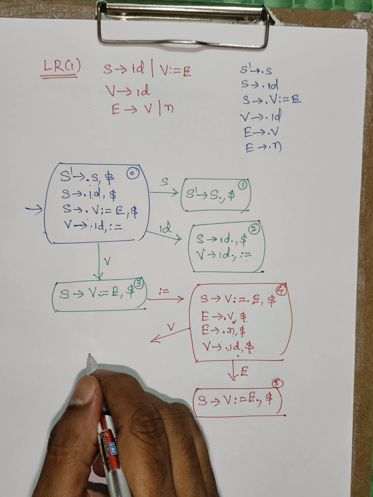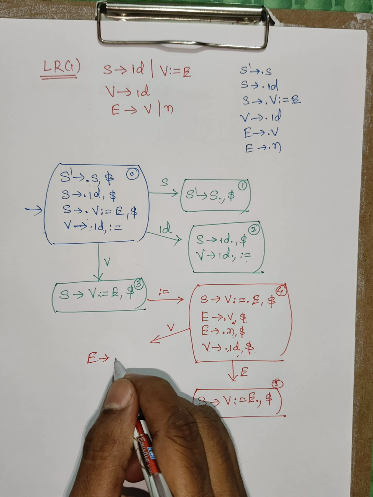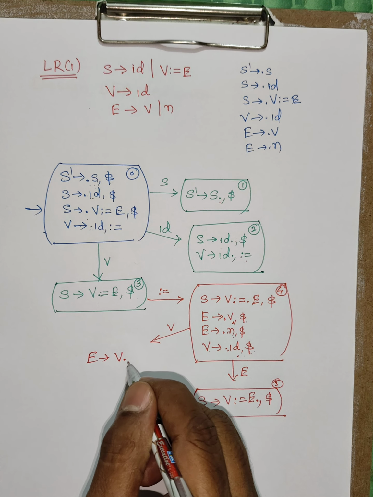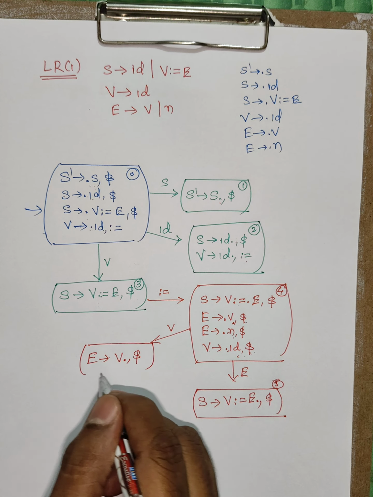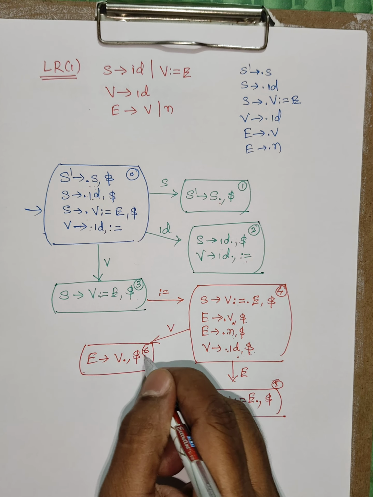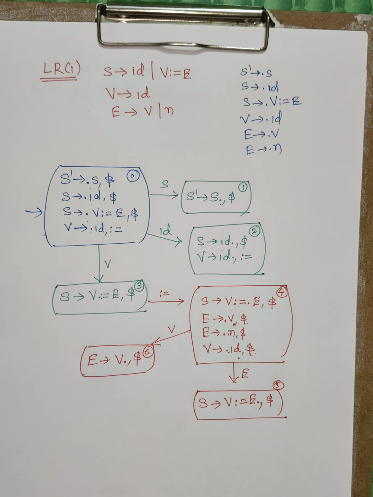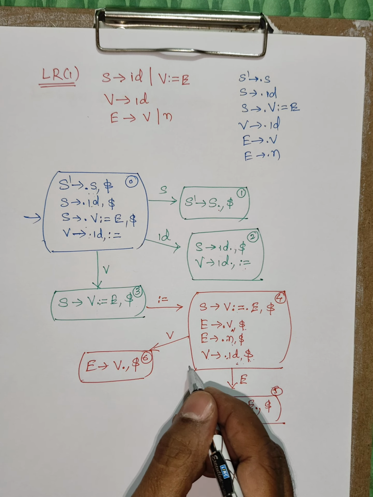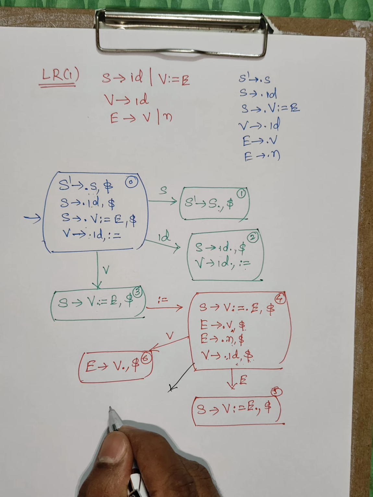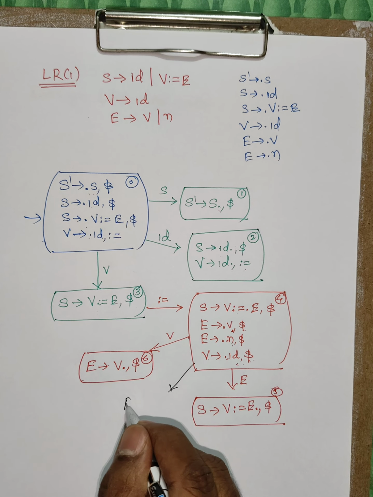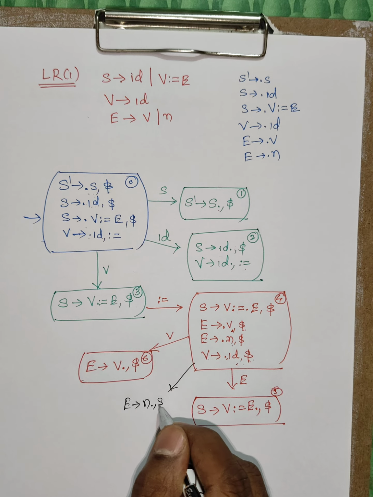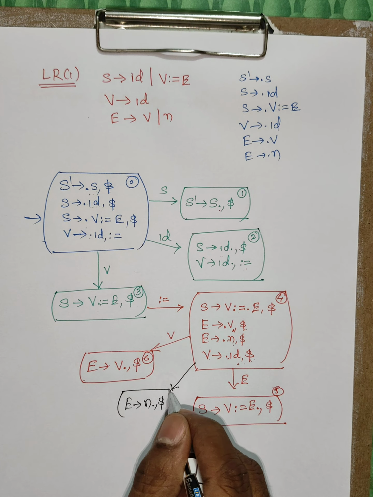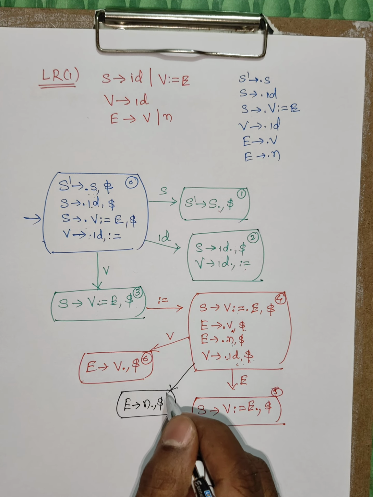Then transition on V: E produces V dot, dollar. This is state 6. Then transition on N: E produces N dot, carry lookahead is dollar.